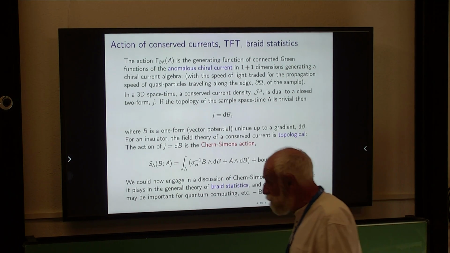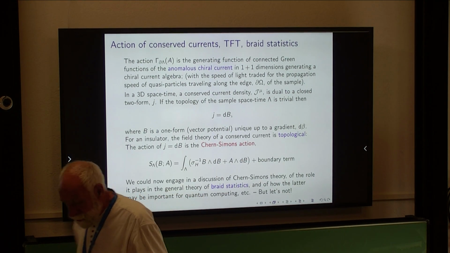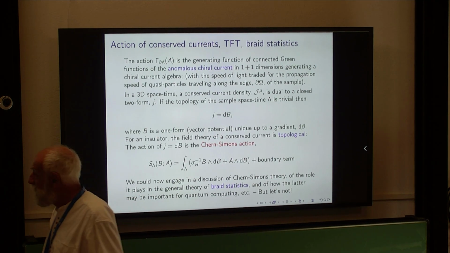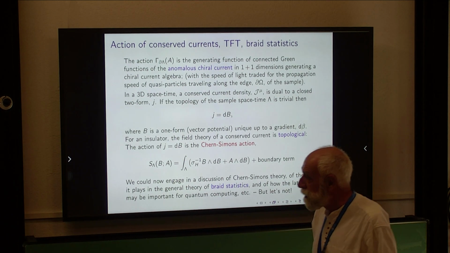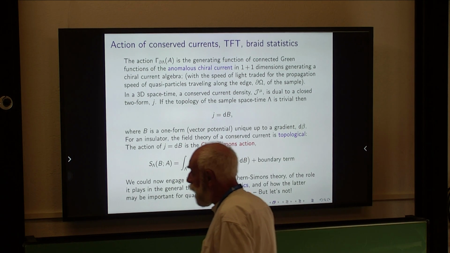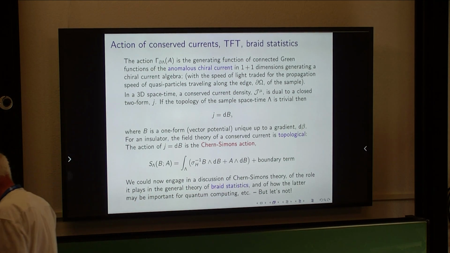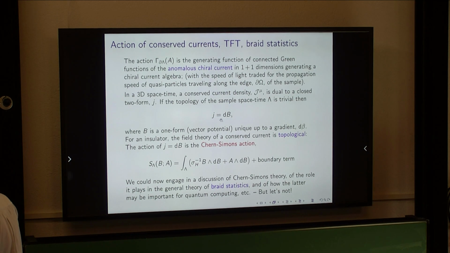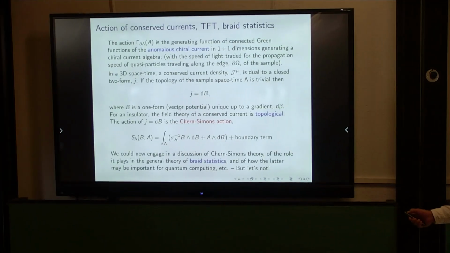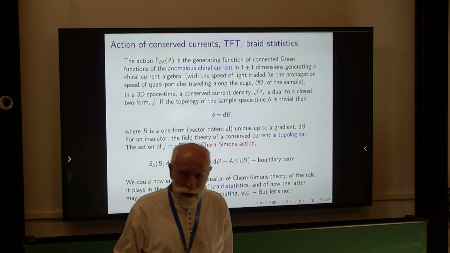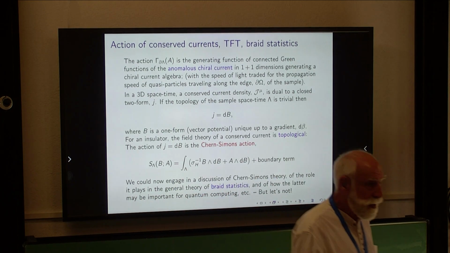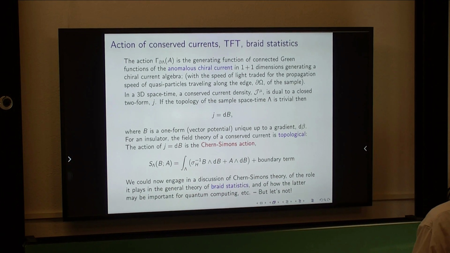If you look at the two-form dual to the conserved current, it is the exterior derivative of a vector potential, which I denote by B. If J is the dual of, say, the electromagnetic current of the insulating state, what is the action that describes the quantum theory of this vector potential B?